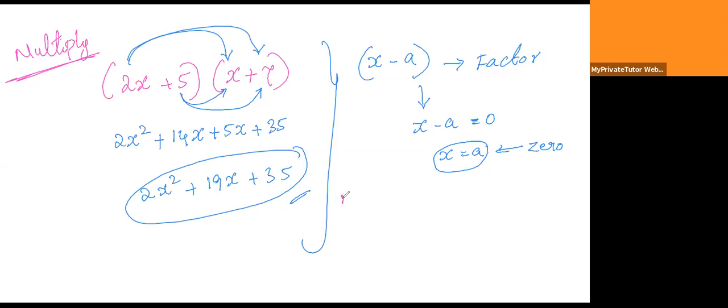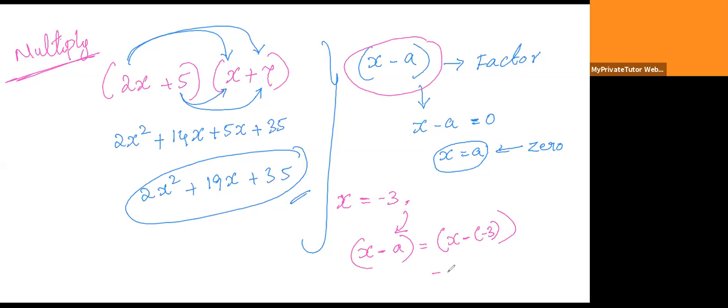Similarly, if the x value is given, let's say minus 3, how do you find the factor? It is x minus the constant, because that's the basic way of writing it. x minus a is the basic way of writing the factor. So what is the a value here? x minus of minus 3, so x plus 3 is the factor. I hope you guys understand now.